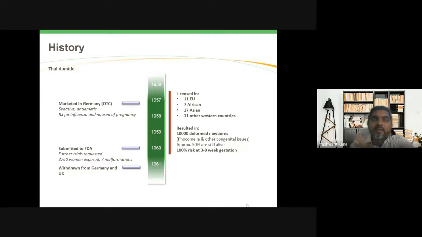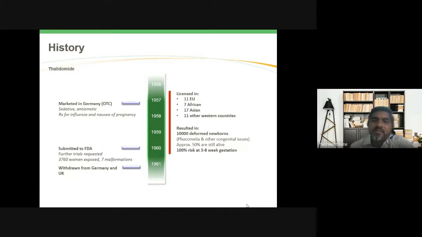Why and when was it started? It all started with the thalidomide disaster around 1957 to 1968. The drug was marketed as an OTC sedative and antiemetic, and it was also a prescription drug for influenza and nausea of pregnancy.